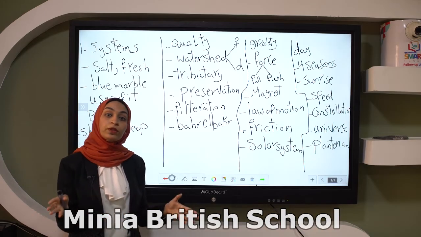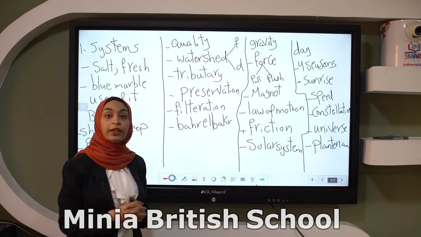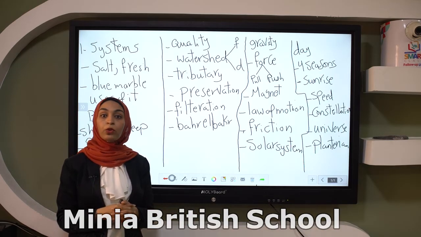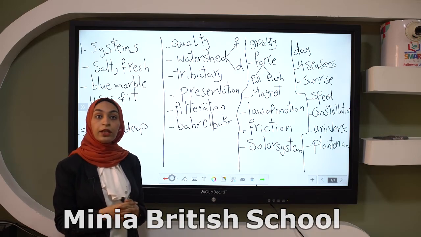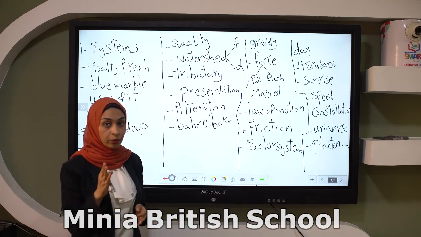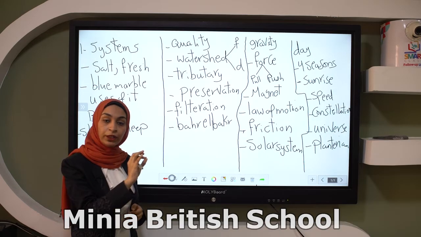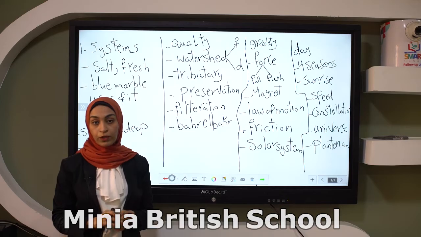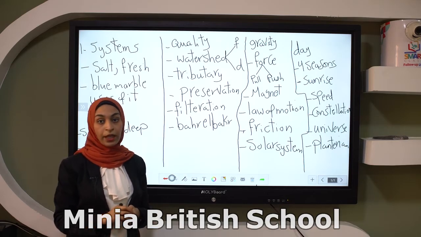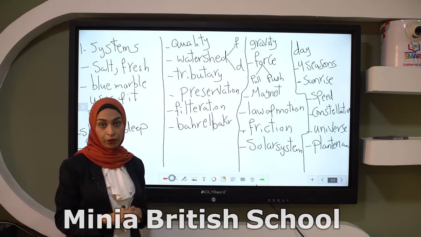And all the telescopes that are located on the Earth cannot discover all the distant objects in space due to the presence of the atmosphere, because it acts as a protective layer that allows some light waves to pass through it and blocks others from passing through.